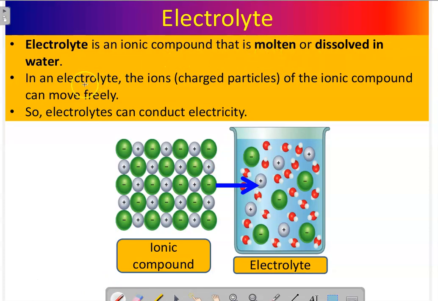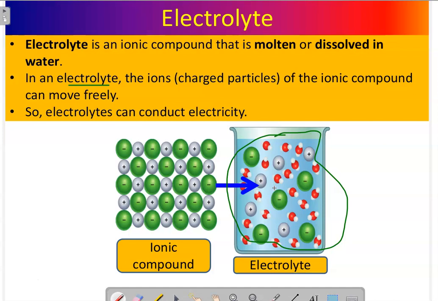Okay. Now, in an electrolyte, the ions or charged particles of the ionic compound can move freely, and so an electrolyte can conduct electricity. Like I explained before, once the ionic compound dissolves in water, the ions you see in this picture are free and they can move around and carry electric current, and therefore can conduct electricity.